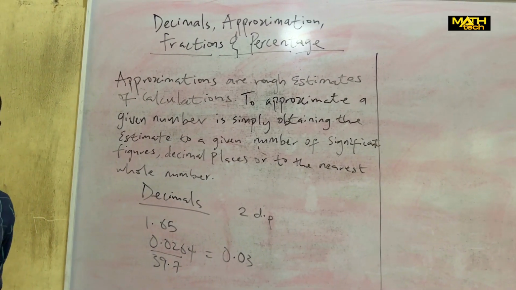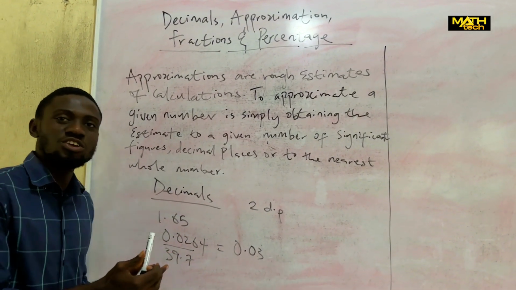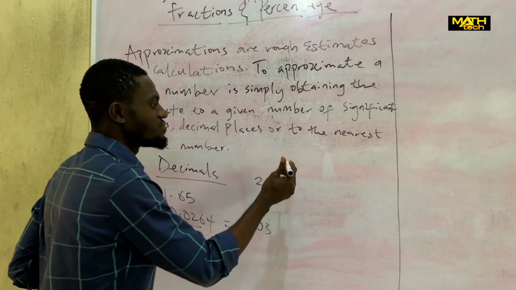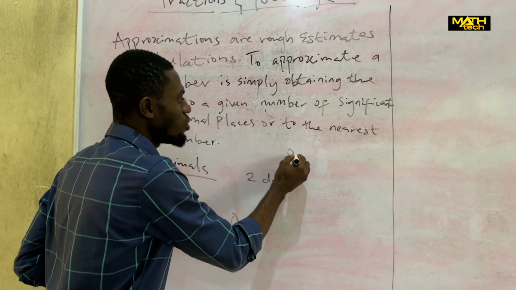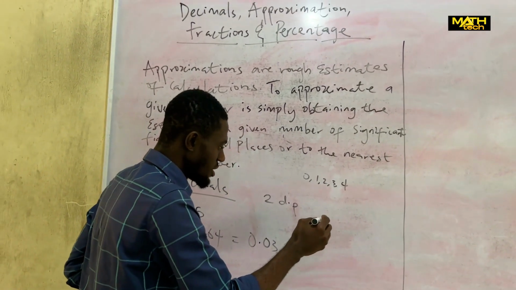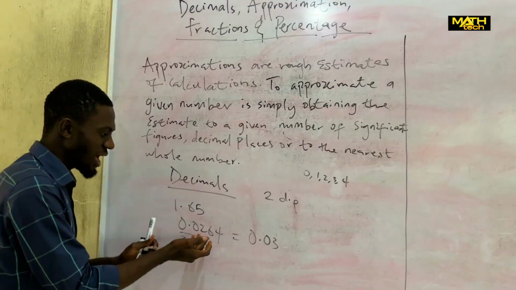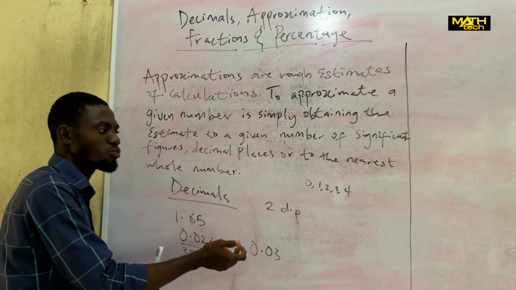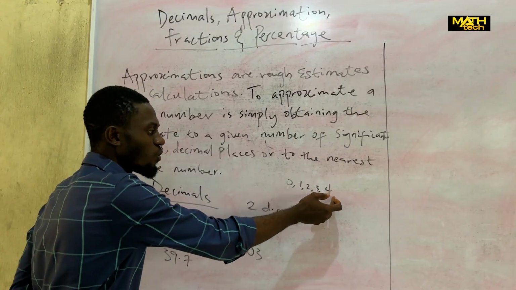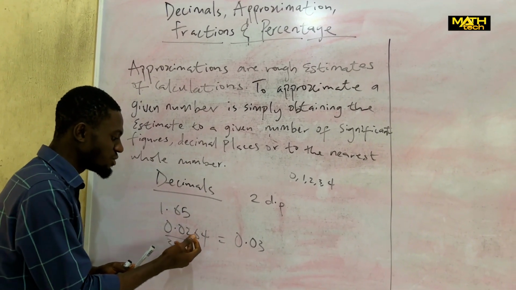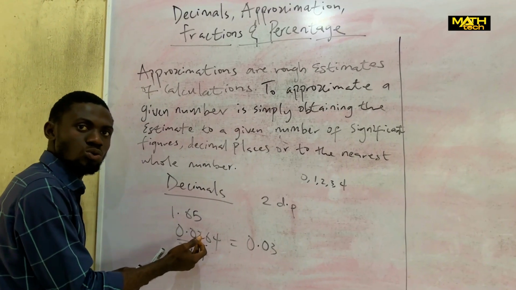Now, note, when approximating values to a given number of decimal places, when you have values 0, 1, 2, 3, 4 as the digit after the required decimal place, we round down, leaving the result as it is.